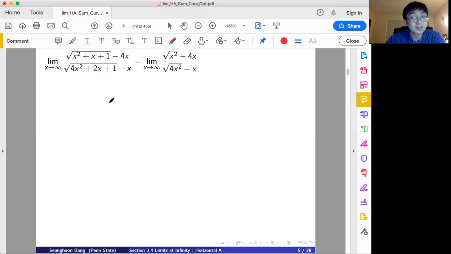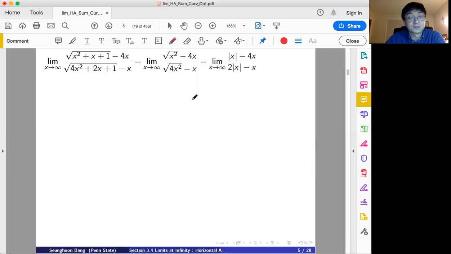Next, you can change it. This is an even index, so this one is the same as the absolute value of x. This is the same as the absolute value of 2x.